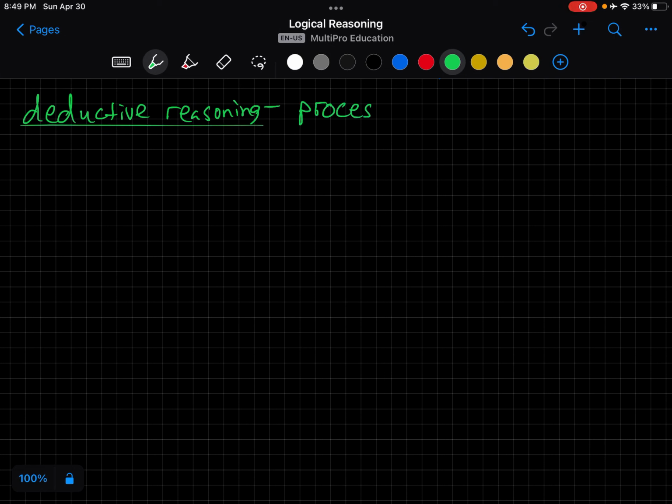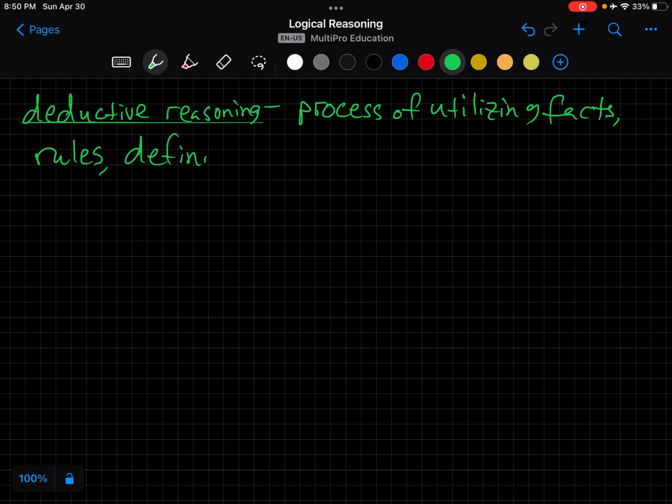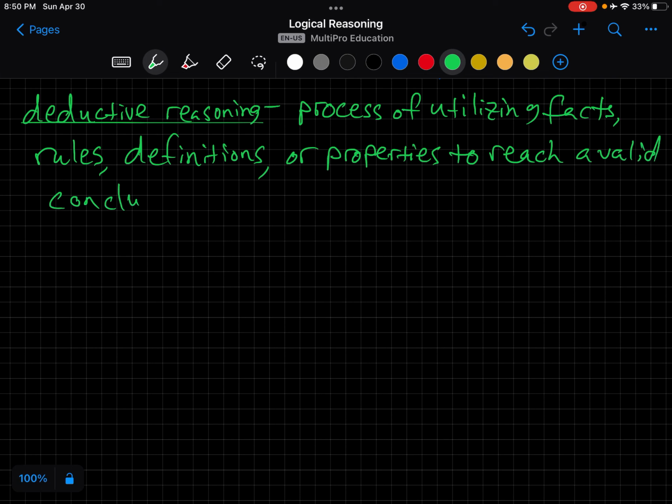This is the process of utilizing facts, rules, definitions, or properties to reach a valid conclusion. Wow.